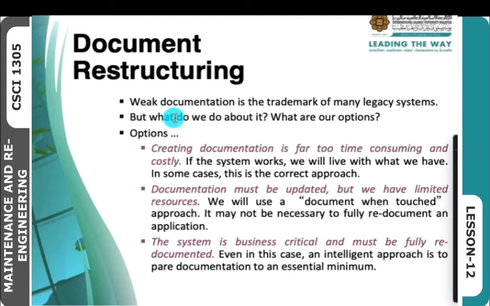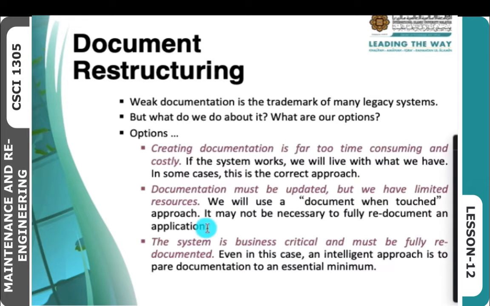So what do we do about it? What are our options? Basically there are 3 options here. First, creating documentation is far too time consuming and costly. If you create documentation, it is time consuming and it is costly. So if the system works, we will live with what we have.